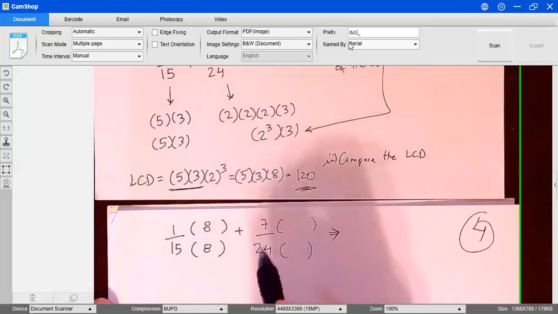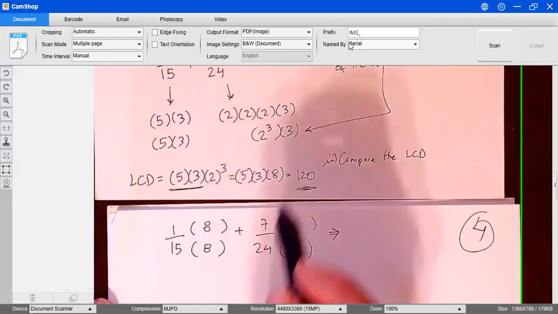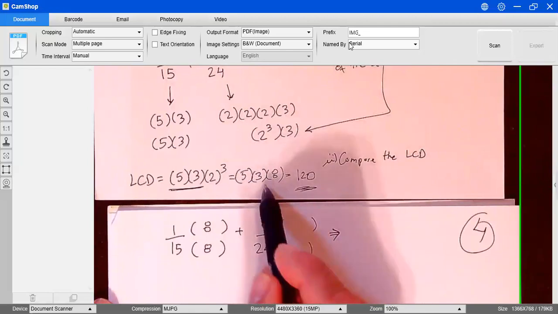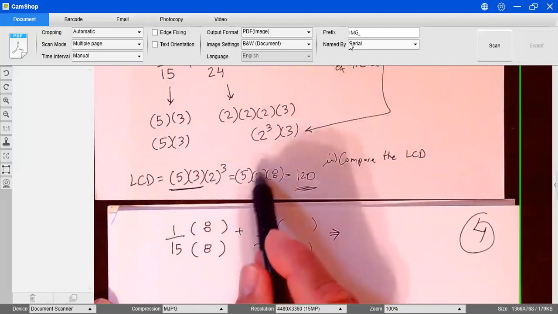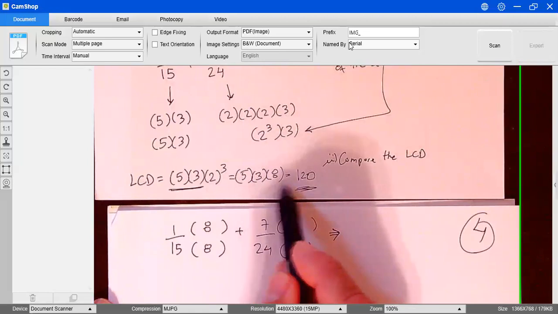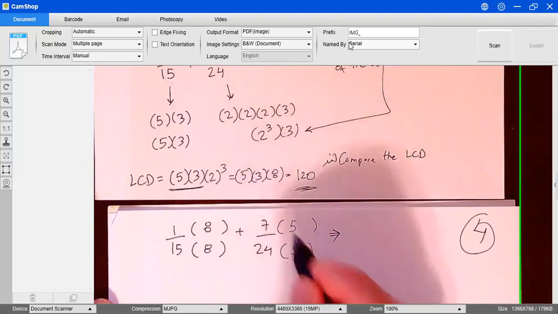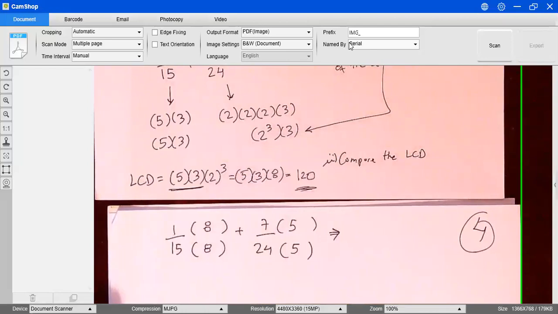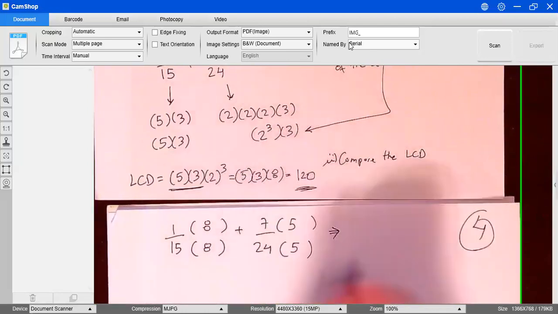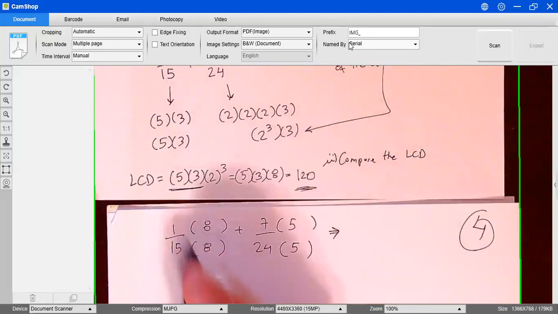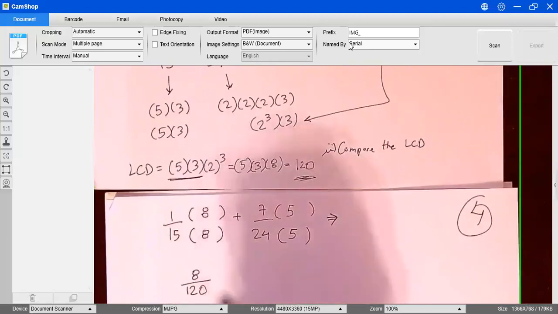On the other hand, when you have 24 here, you know that 24 is 3 times 8, so the missing part to get 120 is 5. So you write 5 here. Now you're able to write this. 8 times 1 is 8. 15 times 8 is 120, because that's the least common denominator.